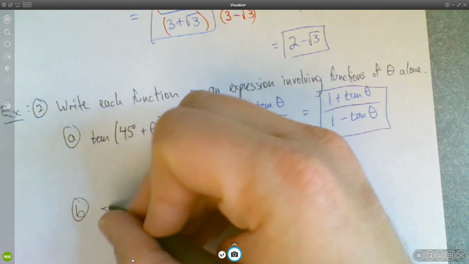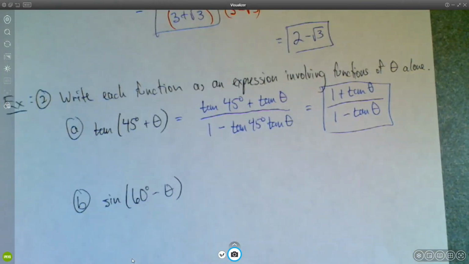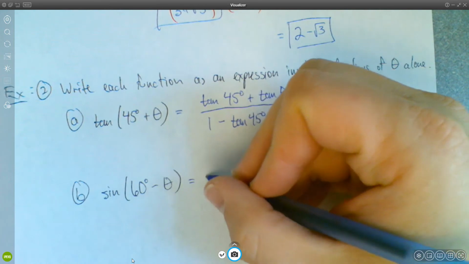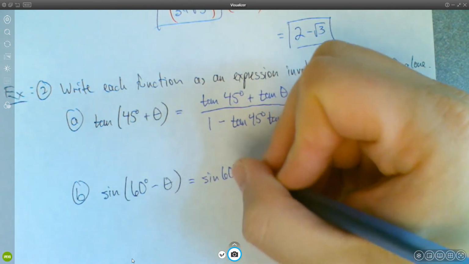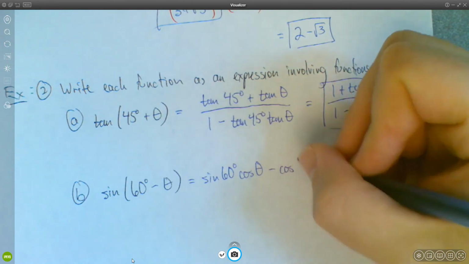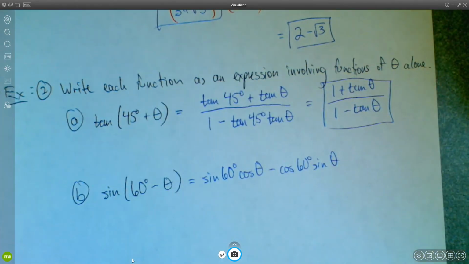Let's do sine of 60 degrees minus theta. Okay, go ahead and give it a pause, see if you can work that one out. Okay, here I go. This is going to be sine 60 cosine theta minus cosine 60 sine theta. Okay.